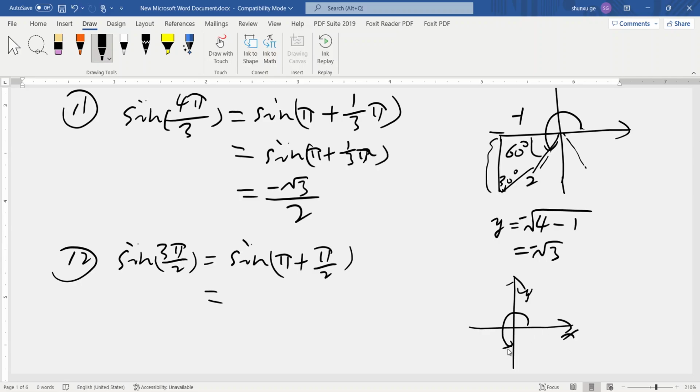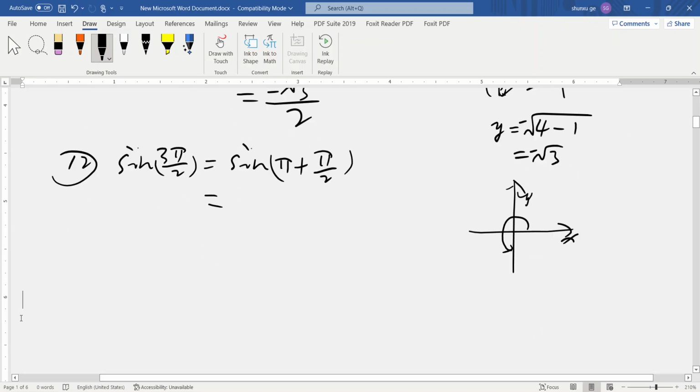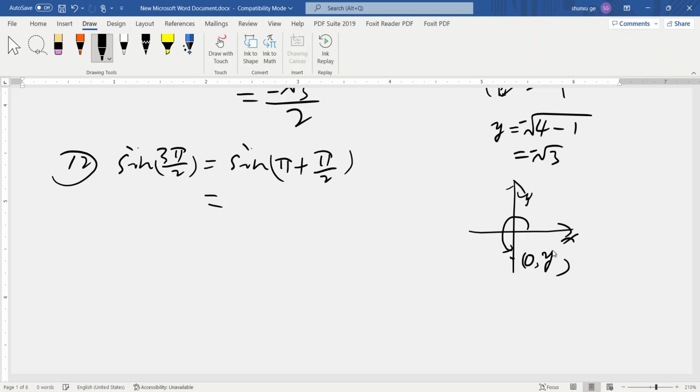Start side here, end side here, terminal side here. So now the point is here. Take any point from the terminal side, it is 0, comma y. So sin is equal to y over r.